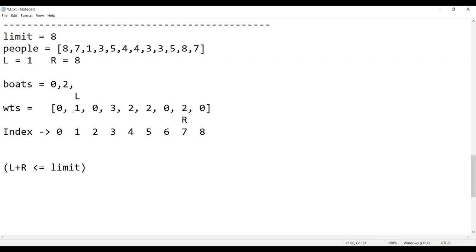Here now I compare L with R. I see that 1 plus 7 is 8, it is equal to the limit.